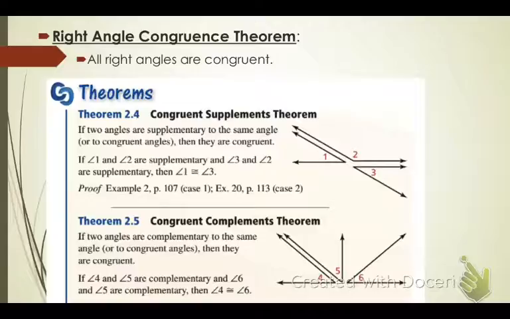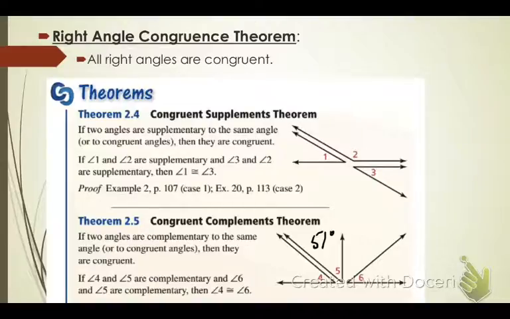Similarly, the congruent complements theorem says if two angles are complementary to the same angle or two congruent angles, then they are congruent. Again, if angle 5 is complementary to both 4 and 6, 4 and 6 have to be congruent because angle 5 has to add up to be 90. Let's say angle 5 is 51 degrees. I just made this number up so it could change, and 4 and 6 are going to change accordingly.